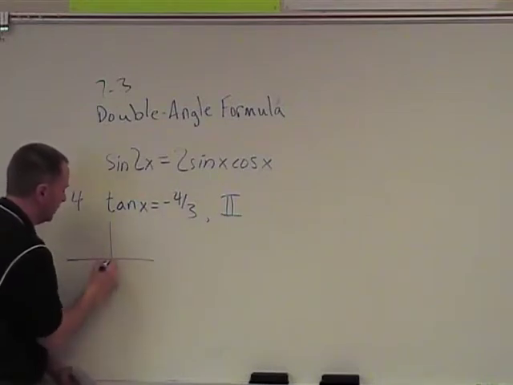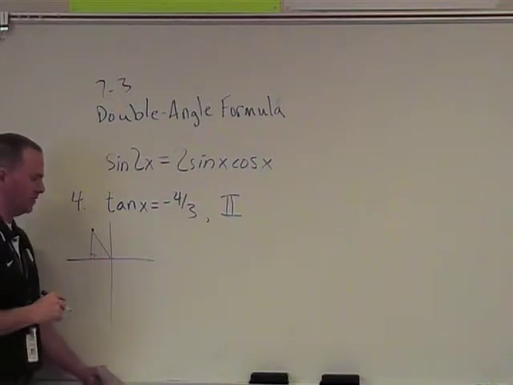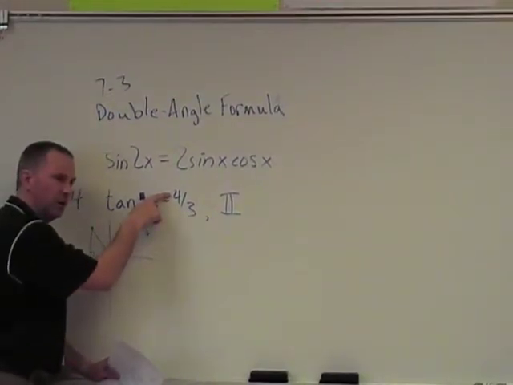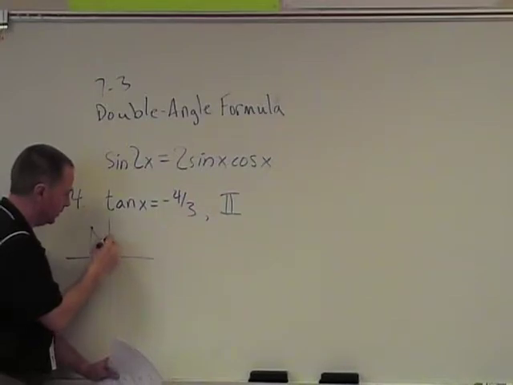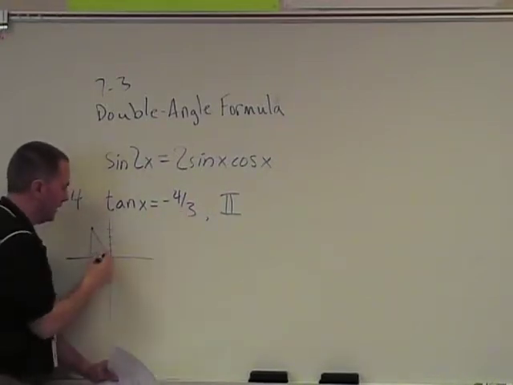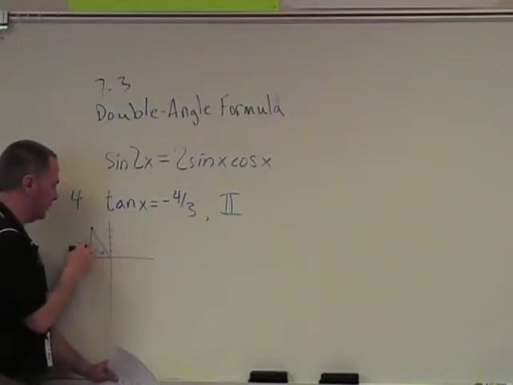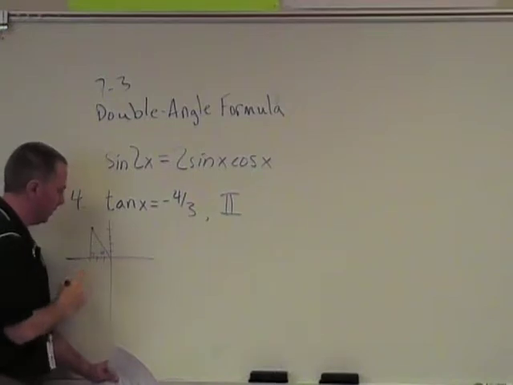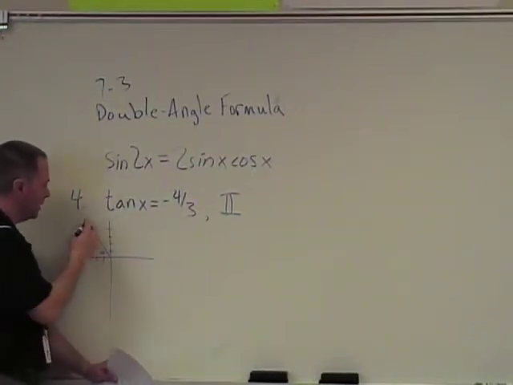So I'm just going to write a nice little right triangle over here like this in the second quadrant, where the opposite leg is 4. 1, 2, 3, there's 4. And the adjacent leg is 3. 1, 2, 3. Okay, so what is this coordinate?